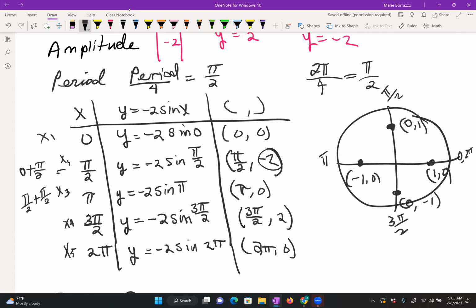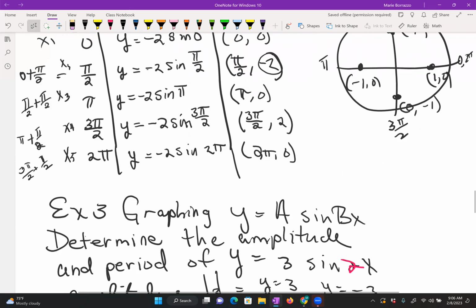So that's how I end up with pi for this one, for example. 2 pi's will give me pi over 2 as an added value will give me pi. And here I have pi plus pi over 2, which results in 3 pi over 2. And 3 pi over 2 plus the pi over 2 gives me 4 pi over 2, which is 2 pi.